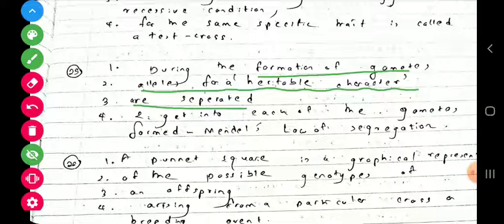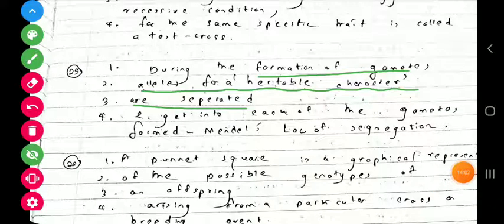During the formation of gametes, alleles for a heritable character are separated and get into each of the gametes formed. Follow with me. During the formation of gametes, alleles for a heritable character are separated and get into each of the gametes formed.